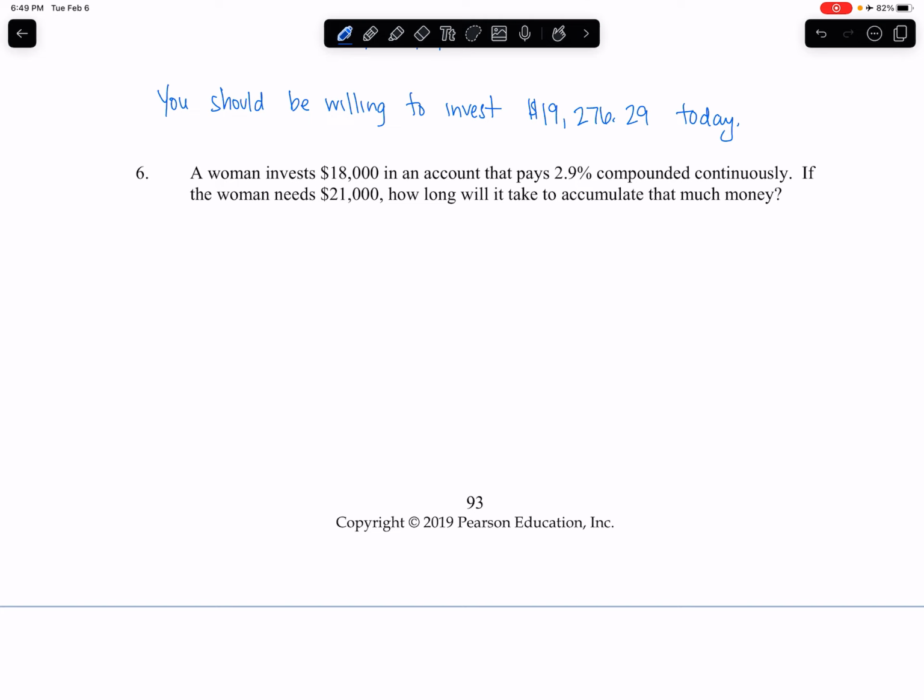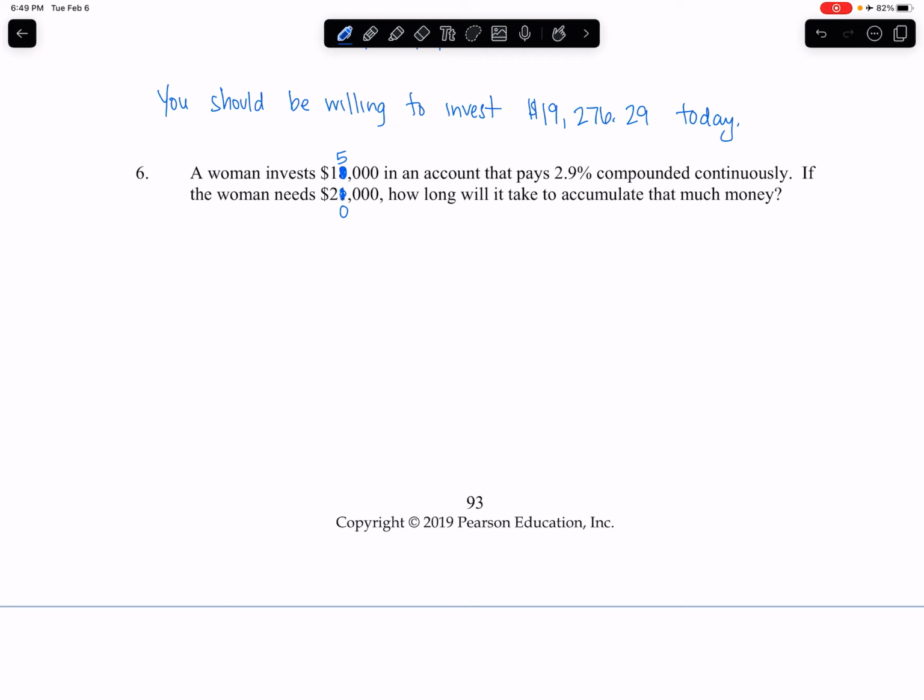Okay. A woman invests $15,000 in an account that pays 2.9% compounded continuously. If the woman needs $20,000, how long will it take to accumulate that much money?